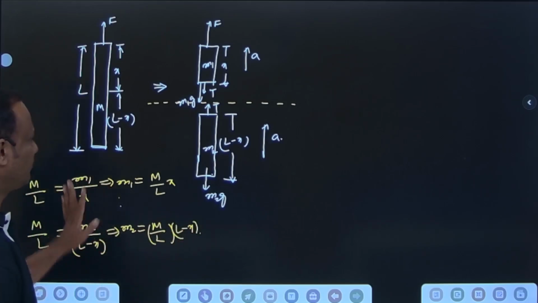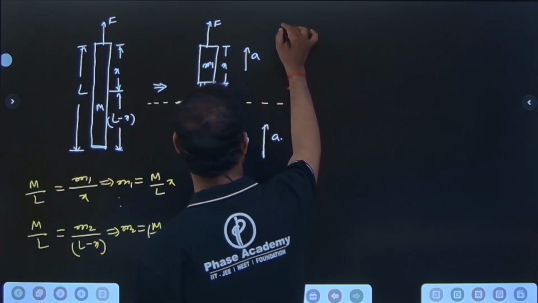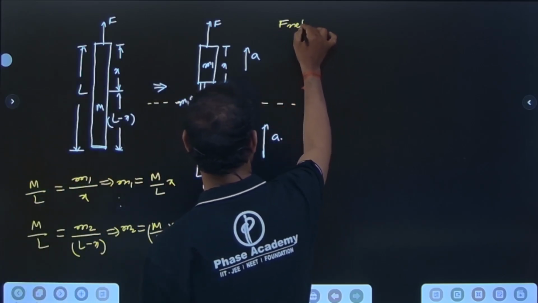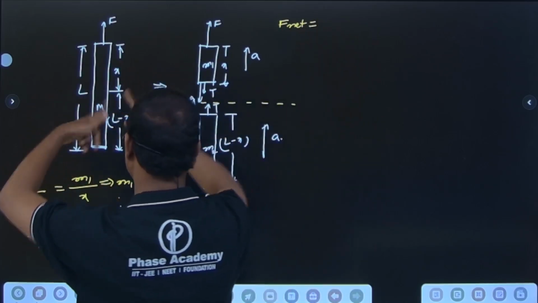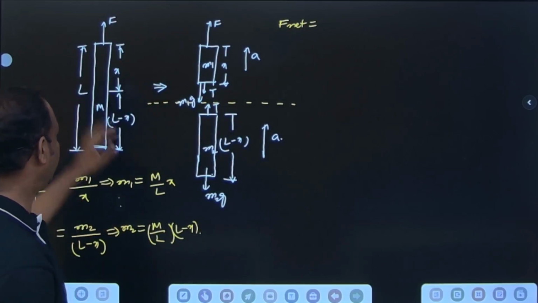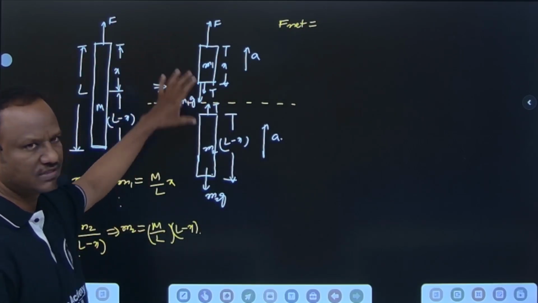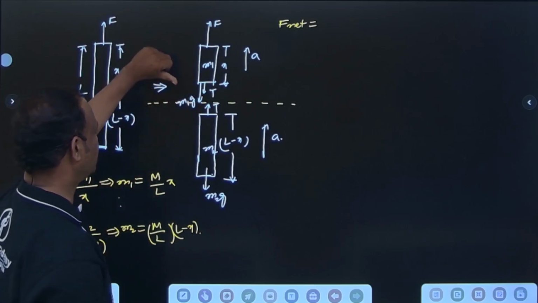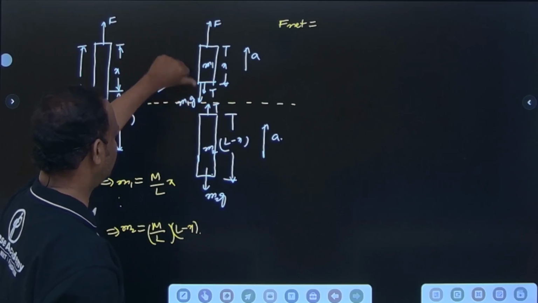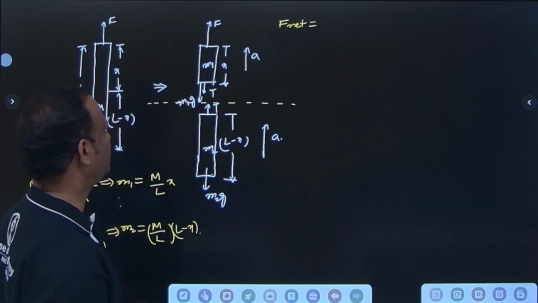Okay, M1 and M2 I got. Now I need to write the equation. The total mass is given, and the individual masses are M1 and M2. I divided it into two massive blocks, with tension T on both. Its weights are M1G and M2G.